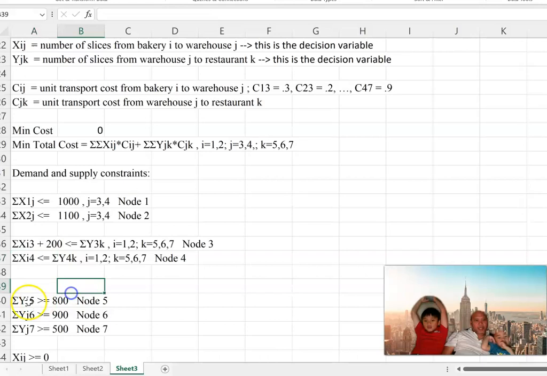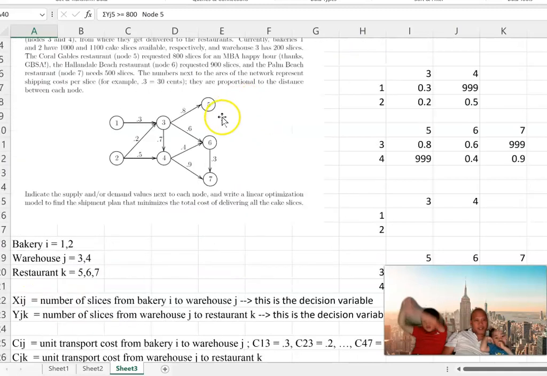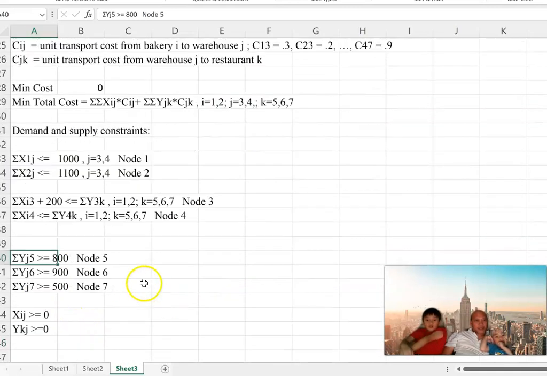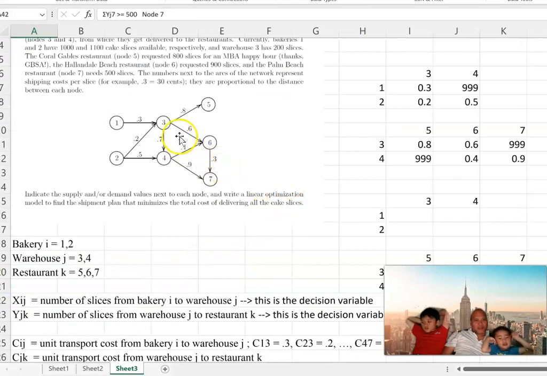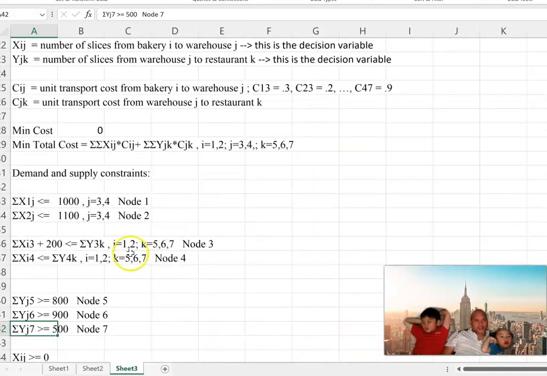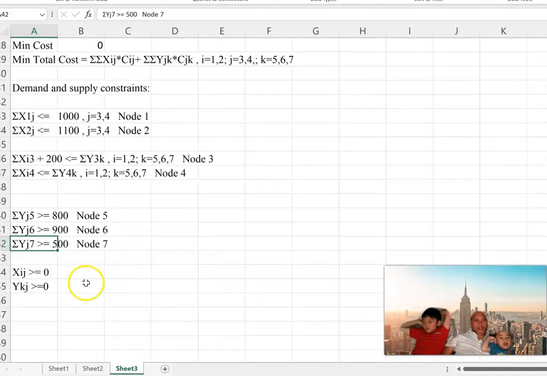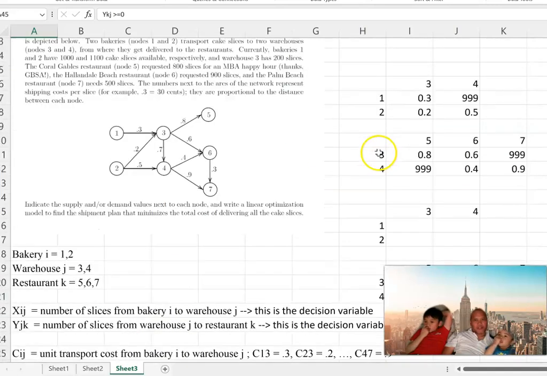Then everything going into 5 must be at least 800, everything going into 6 must be at least 900, and everything going into 7 must be at least 500. And obviously Xij and Yjk are positive integers.